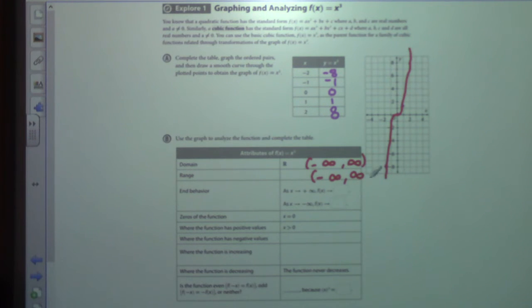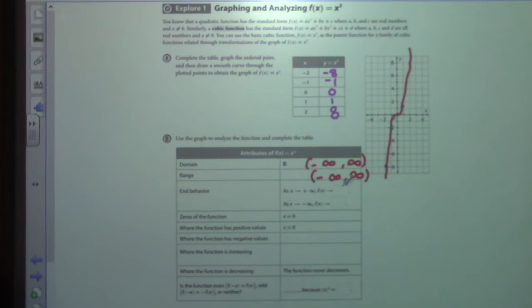Now, from end behavior, as x approaches infinity, what does f of x approach? What's this function doing? Going which way?